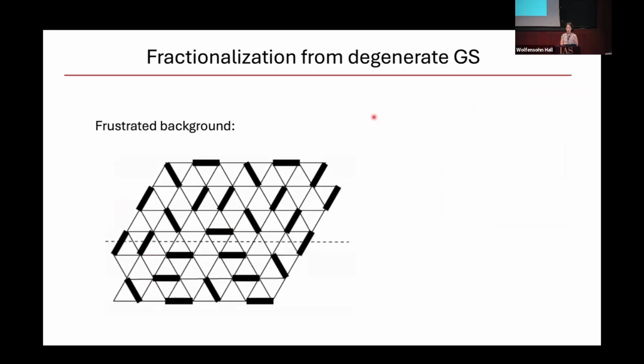Well, you can start with this allowed configuration of dimers. Dimers follow the rule that every site has to have one dimer touching, and dimers shouldn't collide with each other. So this is an example of a configuration that follows that rule on a triangular lattice.